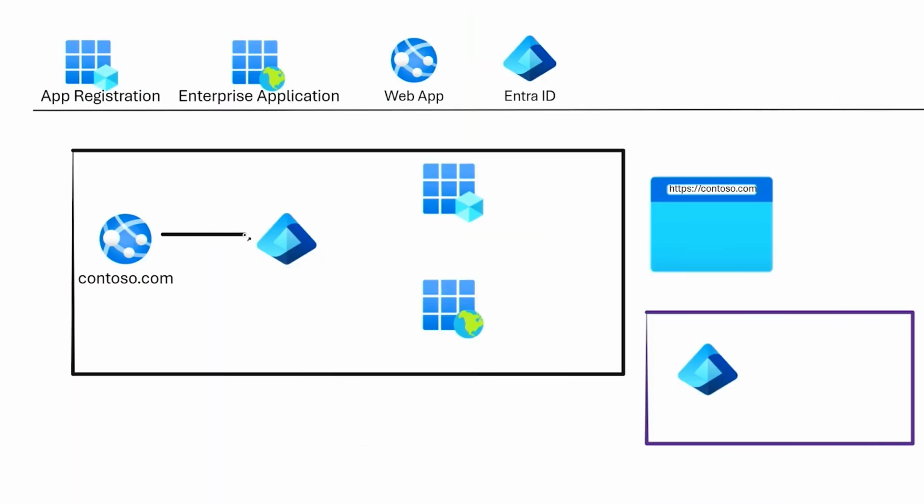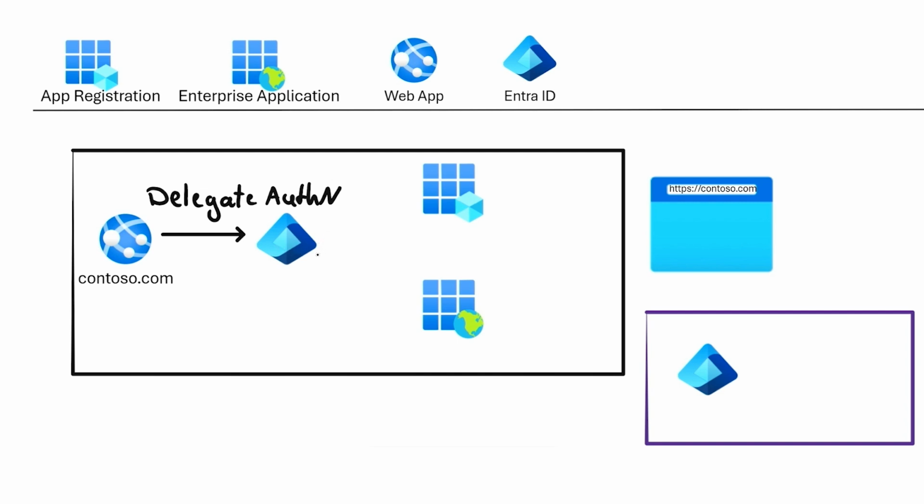When you have an app service running on Azure and you would like to delegate authentication to your Entra ID tenant, so that all users logging into your website, contoso.com, need to log in with their credentials that are stored or part of that Entra ID tenant.